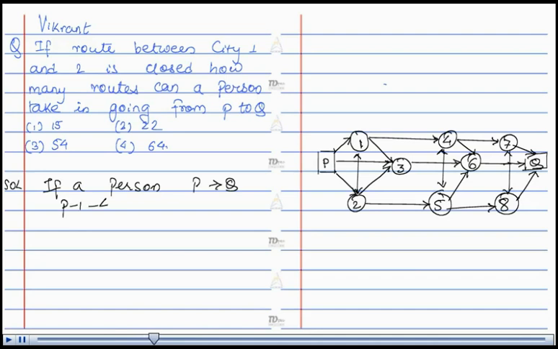P1, 4, 7, Q. Next is P1, 4, 7, 8, Q. The next is P1, 4, 6. The next is P1, 4, 5, 8. The next is P1, 4, 5, 8, 7.